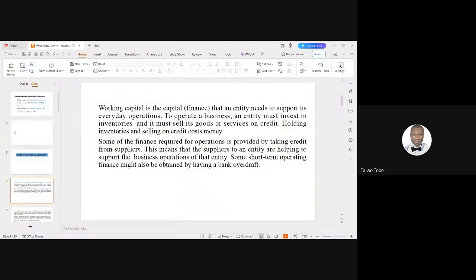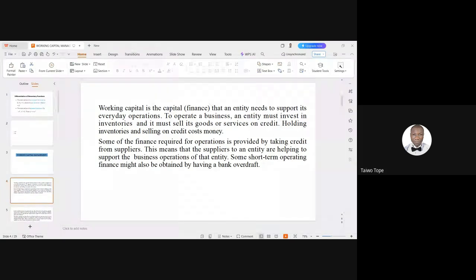Also, the management of working capital can be affected by the relationship between a company and its suppliers, and a company and its customers. When I know that this customer is credit worthy, I will be glad to grant this customer credit.